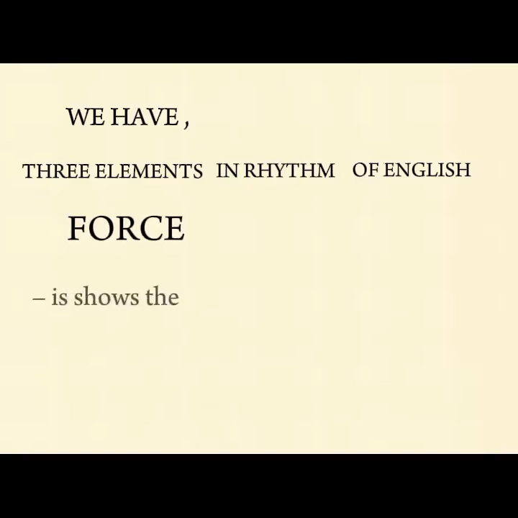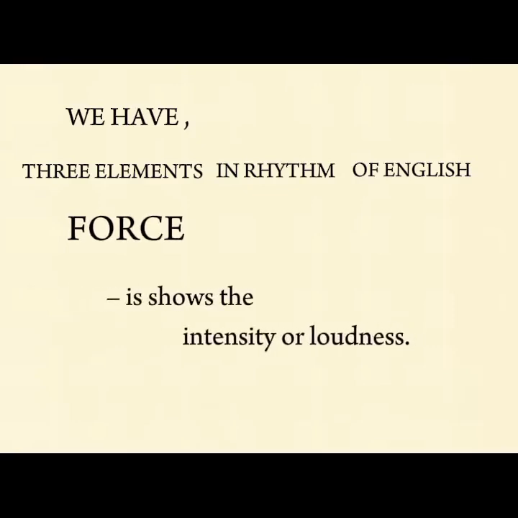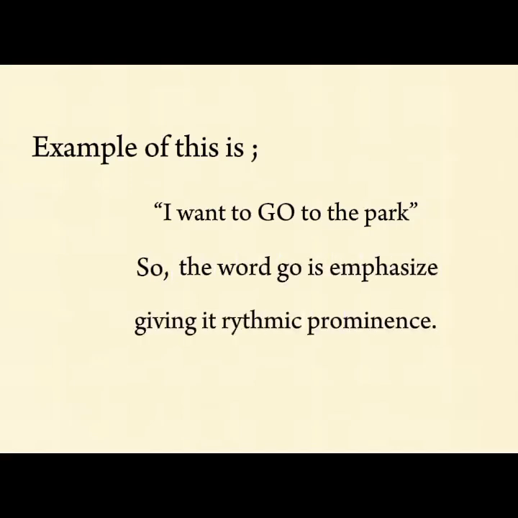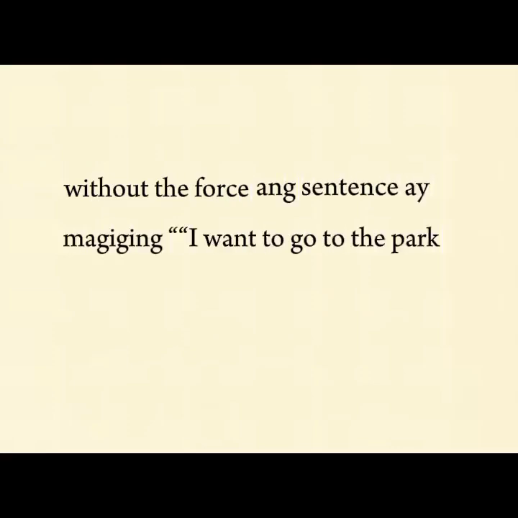Force shows the intensity or loudness. Example of this is, I want to GO to the park. So the word go is emphasized, giving it rhythmic prominence. Without the force, ang sentence ay magiging I want to go to the park. Magiging flat yung word na go.